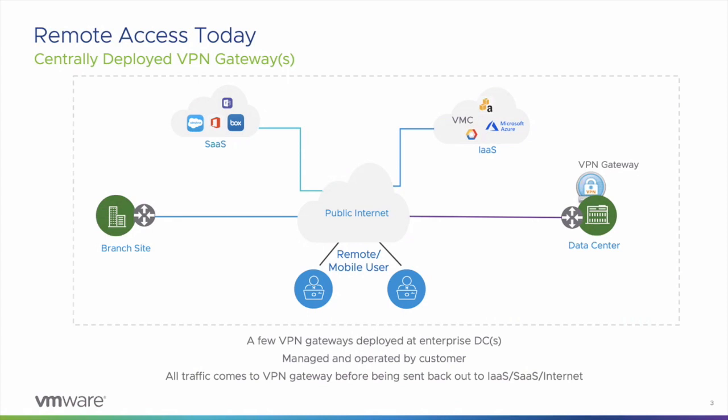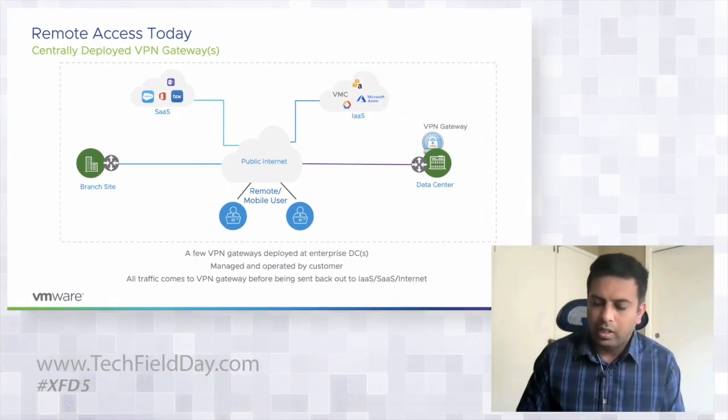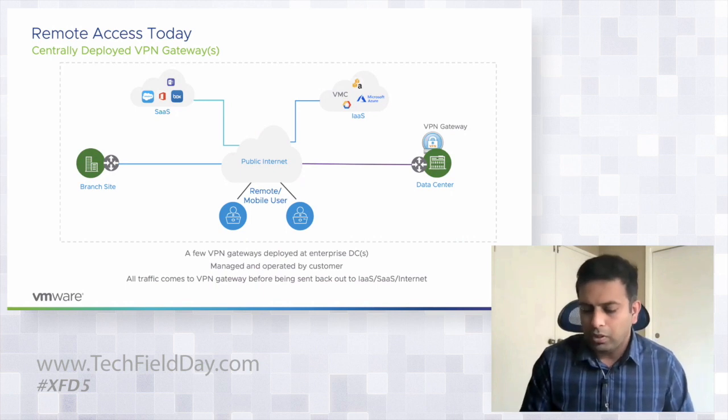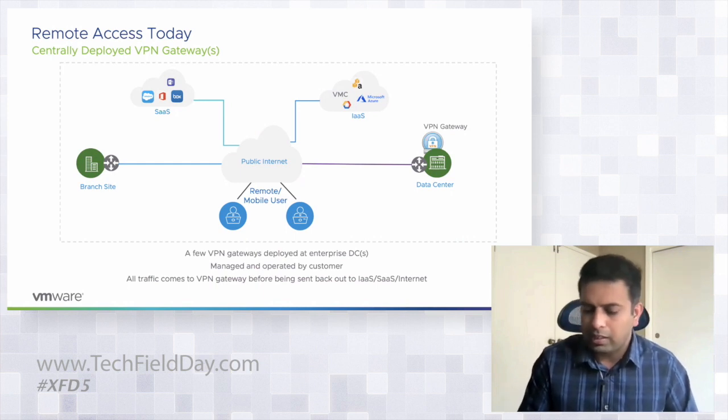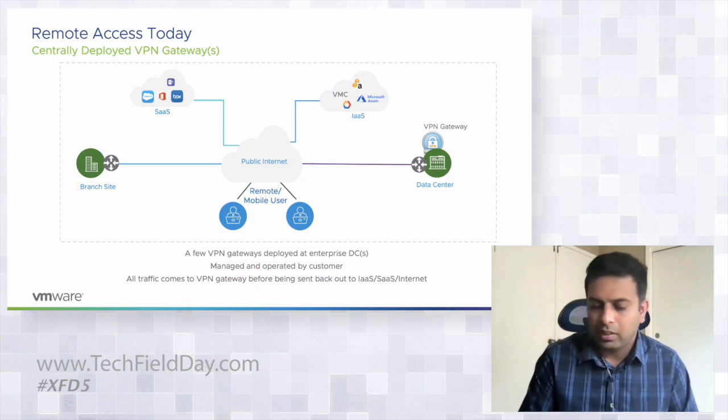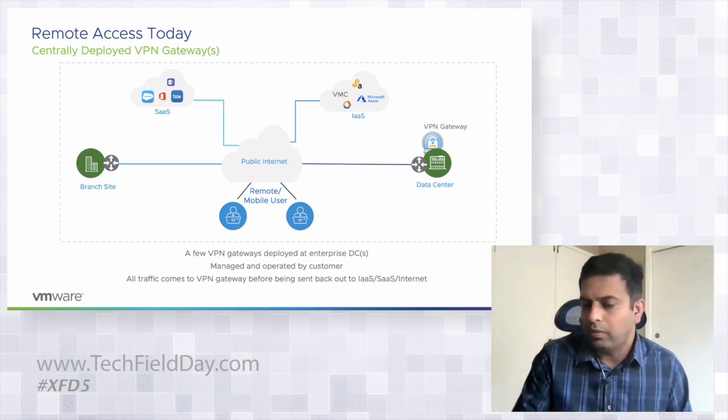So backhauling is not a very good idea for user experience, right? And the other point is when there is an uptake in demand, when you need to scale up or scale down, having these physically located VPN gateways becomes really difficult to instantly scale up and scale down, right?